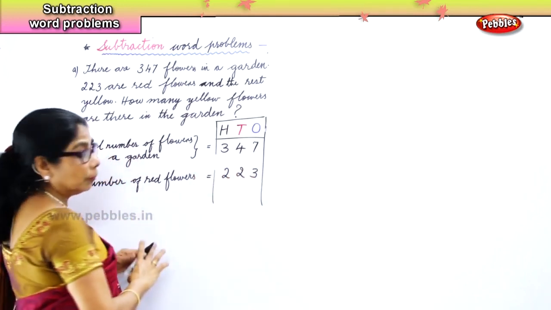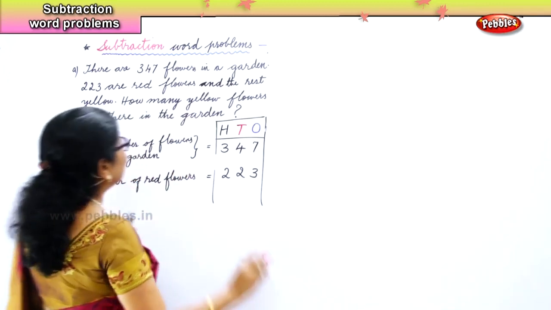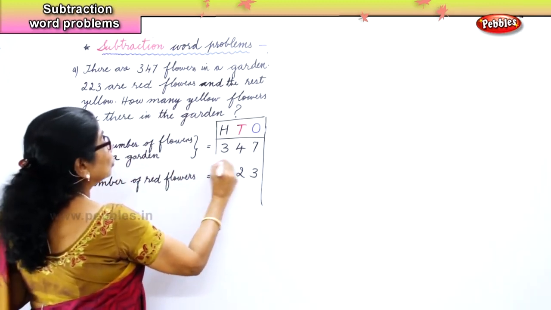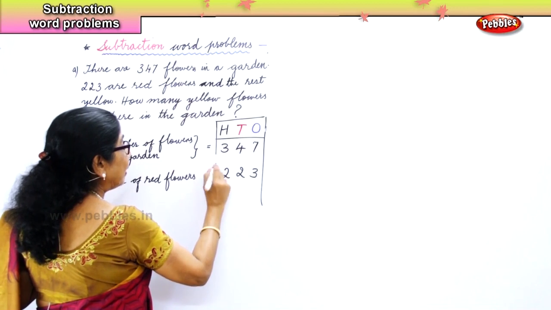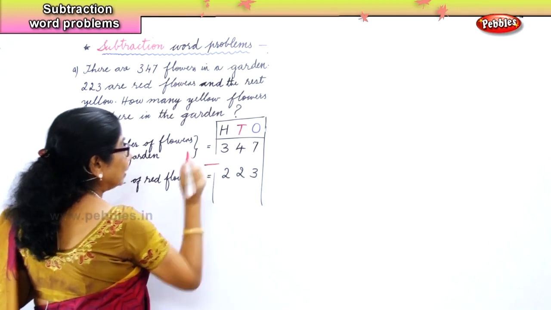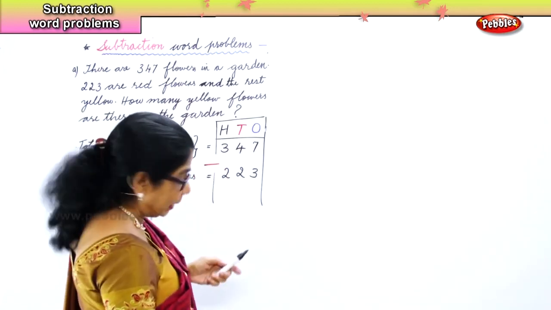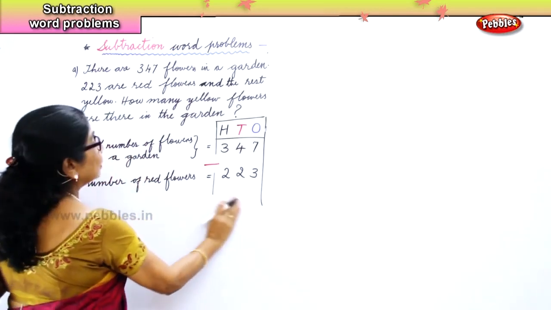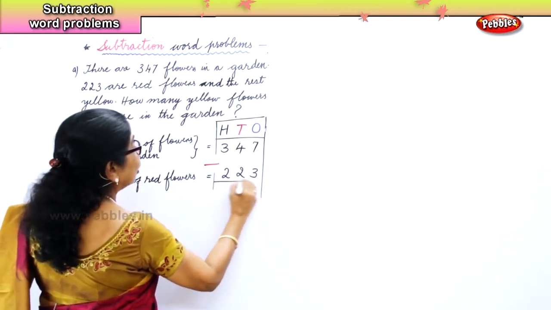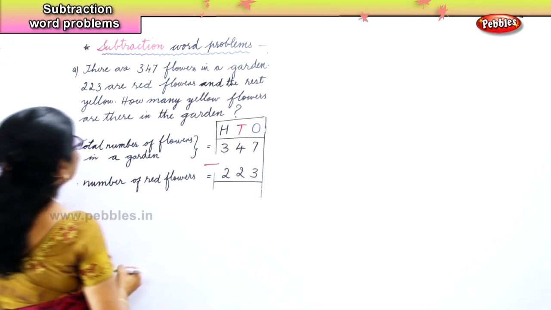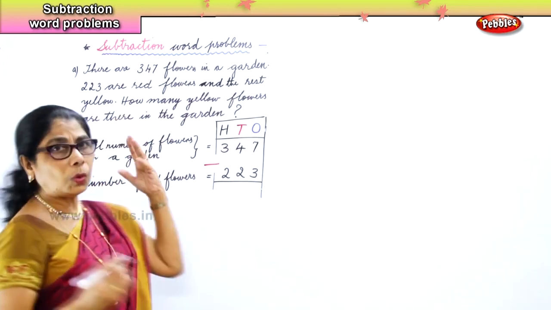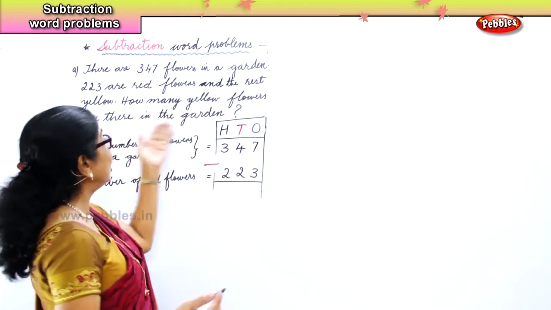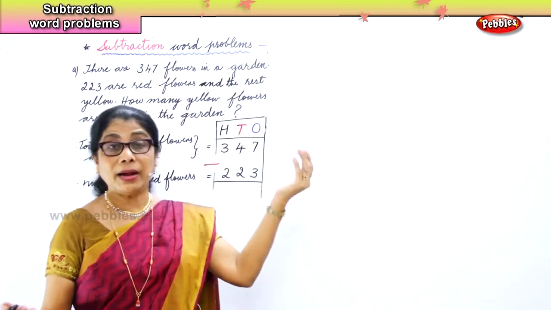Now, we are going to find out the rest are yellow. So 347 minus 223. The minus sign should be there. Alright? The minus sign has got to be there. Now what is asked?